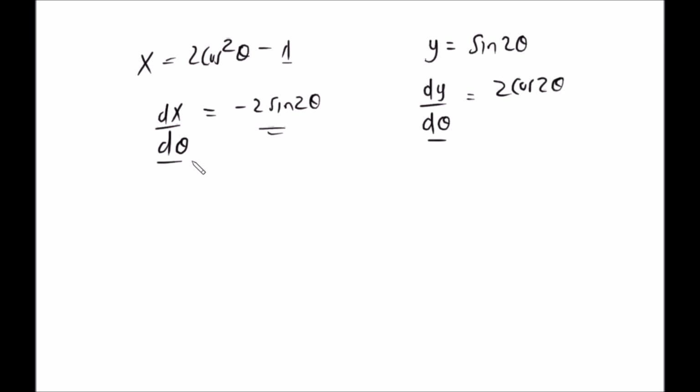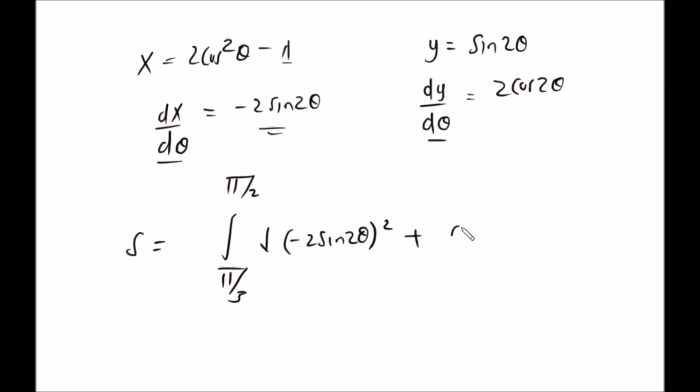Kwa hiyo ukiziingiza hizi kwenye ile formula, length of an arc itakuwa sasa na integrate from pi over 3 to pi over 2 the square root of negative 2 sin 2 theta squared plus 2 cos 2 theta squared, so square root ya huyu with respect to theta.